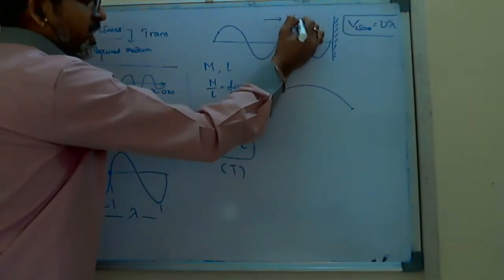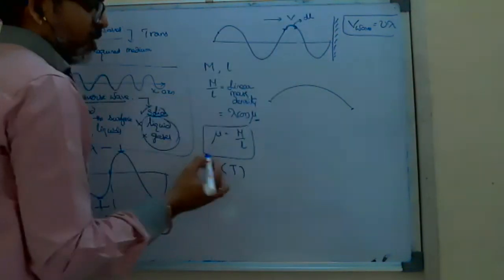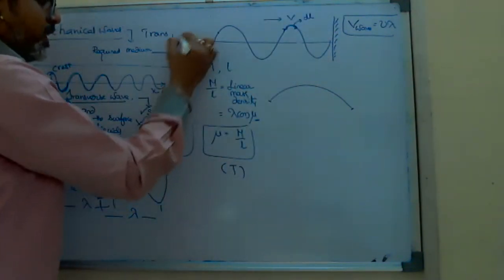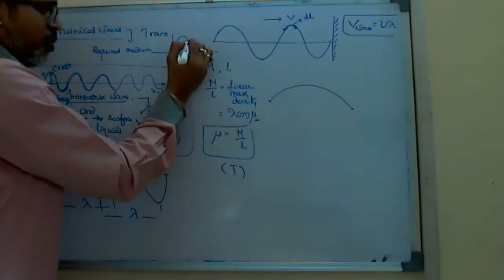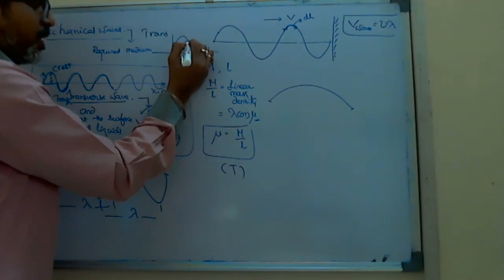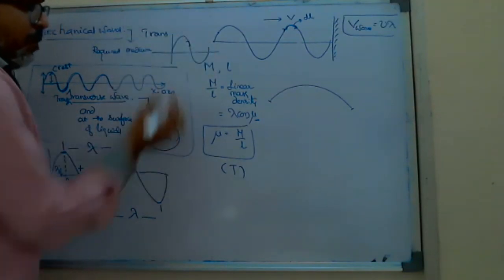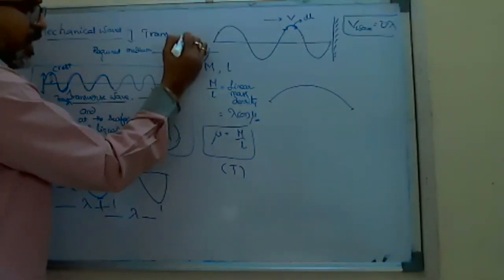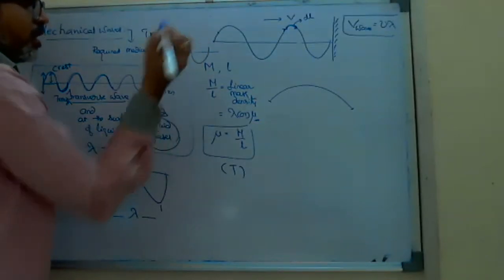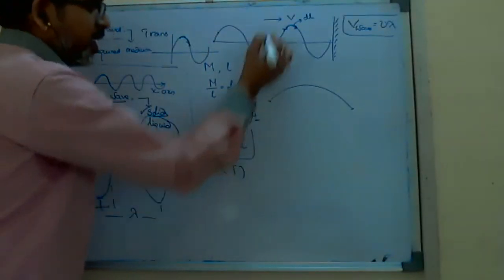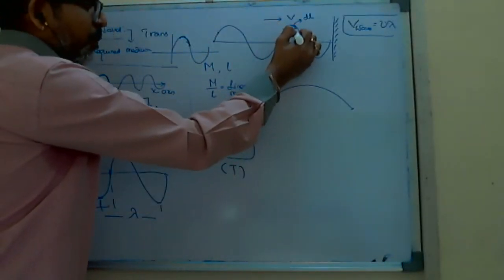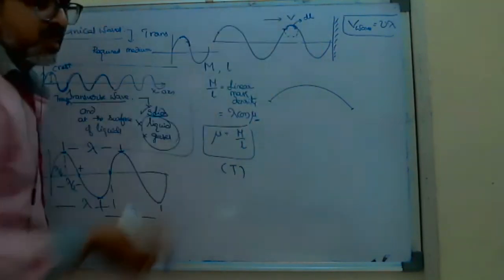Take the length of this part as some small dl. Anywhere here, whatever may be the shape, the small part appears like a part of a circle. Part of a circle means it is just a curve, a small curve. So whatever you took here will appear as a part of that small circle.